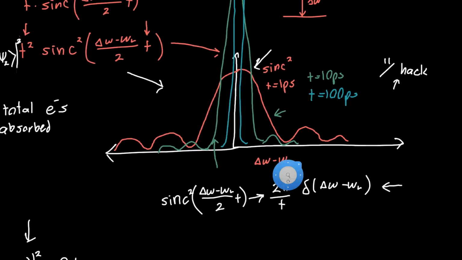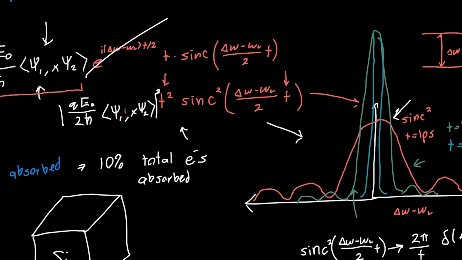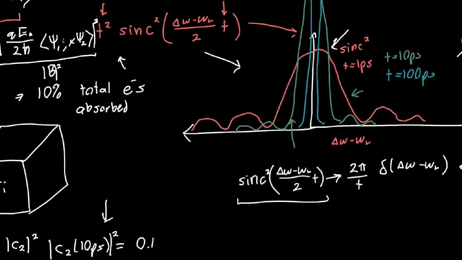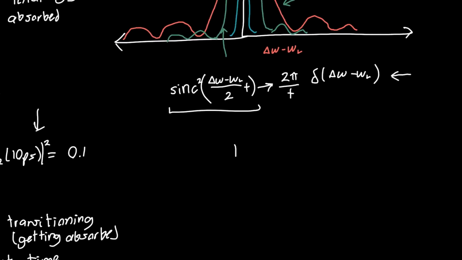And so if we plug in this sinc squared function into our original equation, I'm just going to lump all this now into some other coefficient. Let's call this b, magnitude of b squared, just because I'm lazy like that. Then our whole equation just becomes magnitude of b squared times t squared times 2 pi over t times delta.